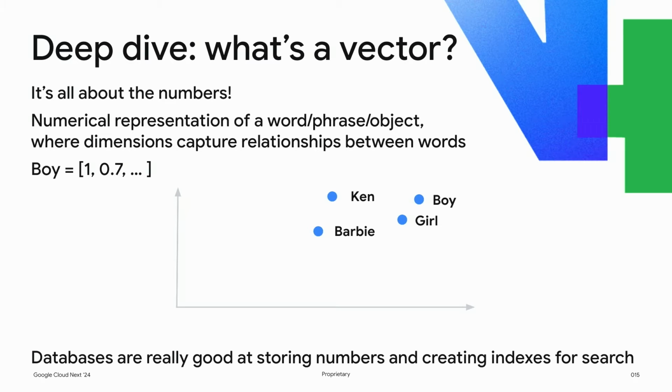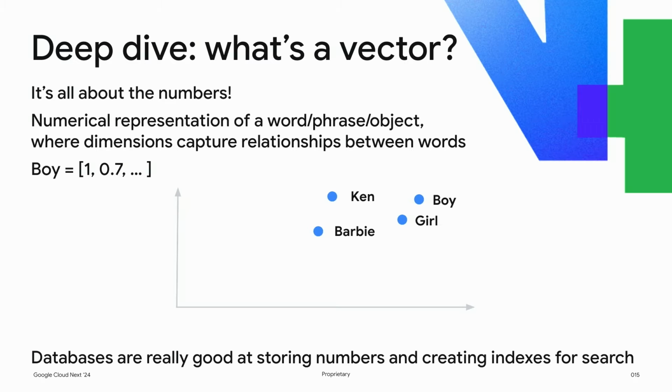The toys are a little bit further away, but also clustered closer to each other. Ken might be slightly closer to boy and Barbie slightly closer to girl. That enables the database to find vectors that are closer to each other in the multi-dimensional space, and that's how you get similarity search, which is a really powerful concept.